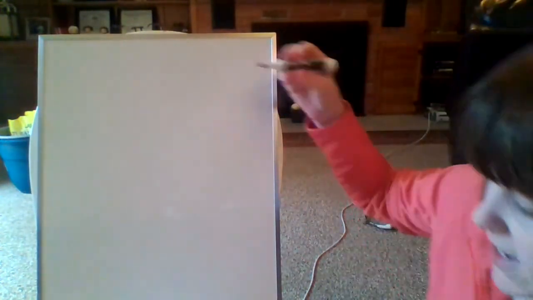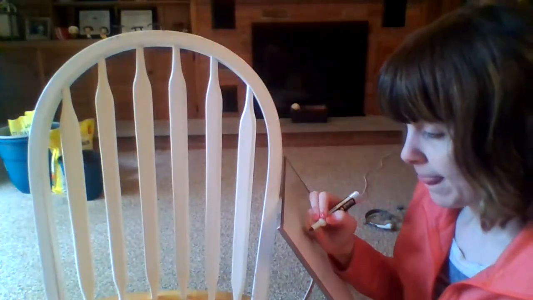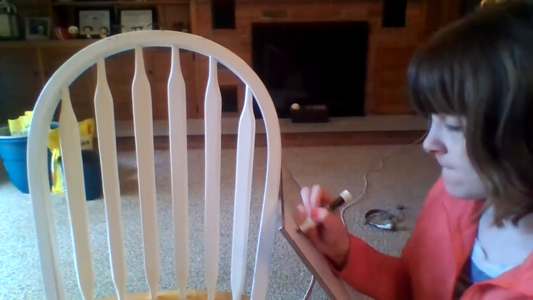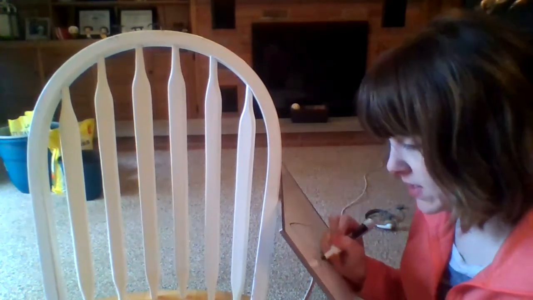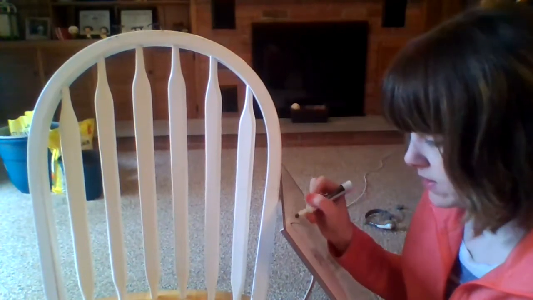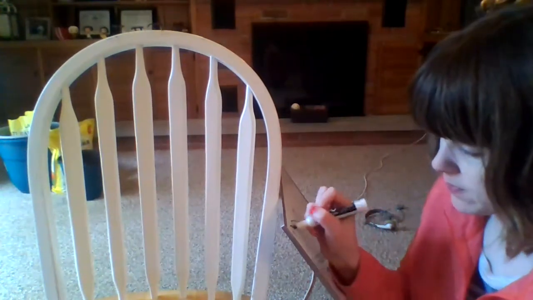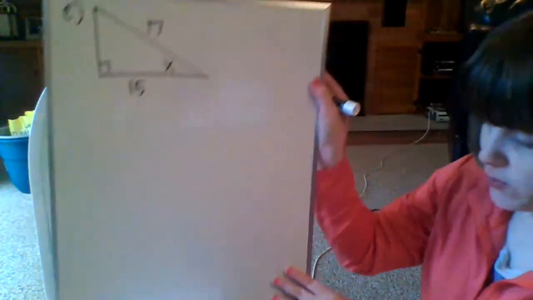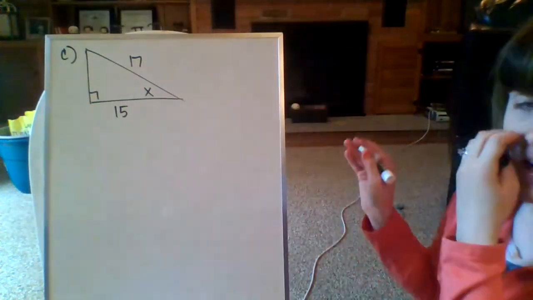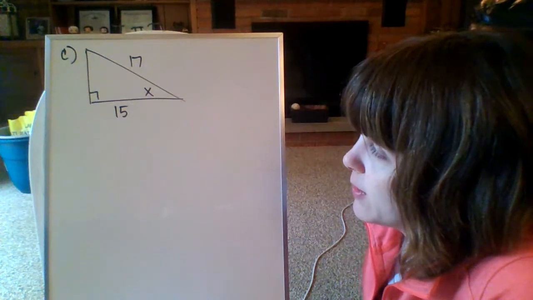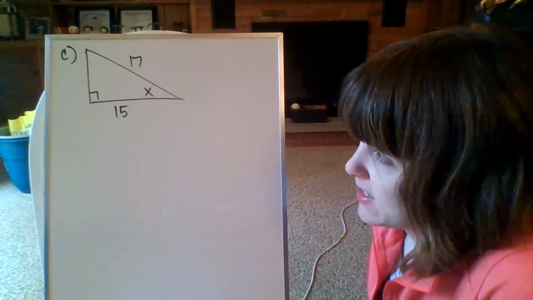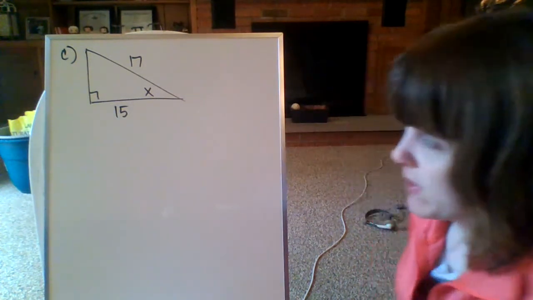Alright, so we're still finding angles. So this is part C. Alright, so you think about it for a second here. How would you find angle X? Well, we don't have the opposite side, so we have adjacent and hypotenuse.